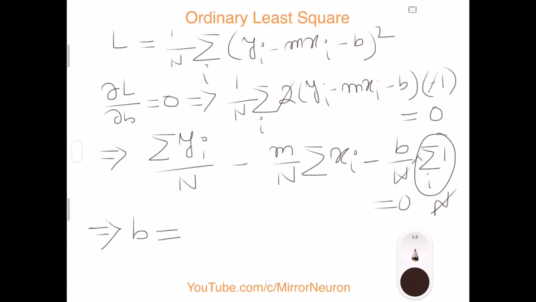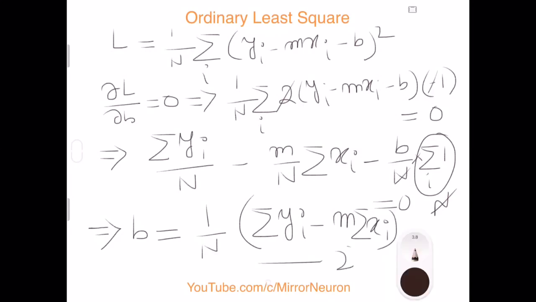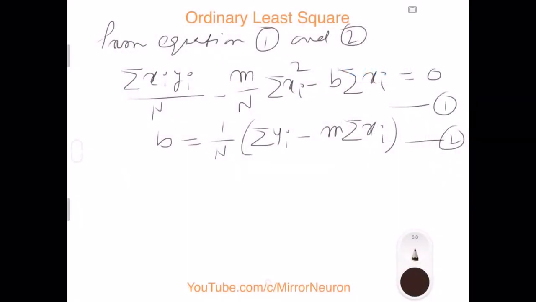So b is nothing but 1 over n. If I take it common, then I have summation of yi minus m times summation of xi. Now this is equation 2, so let's plug this value back into equation 1. Okay, so now I'm going to replace this value here.